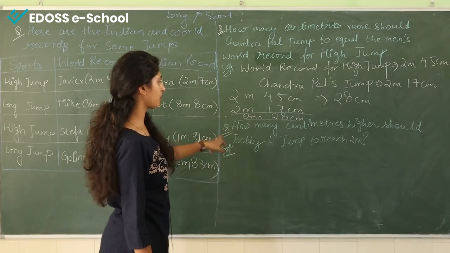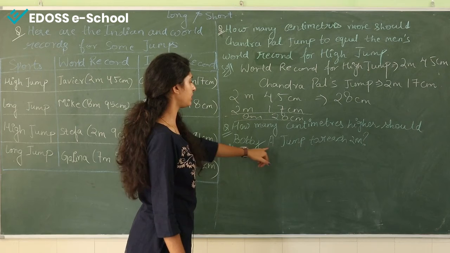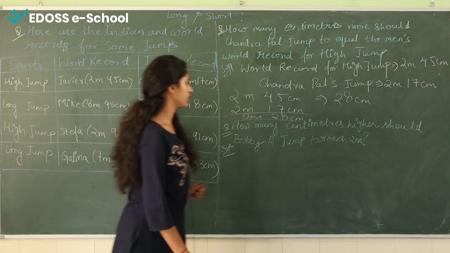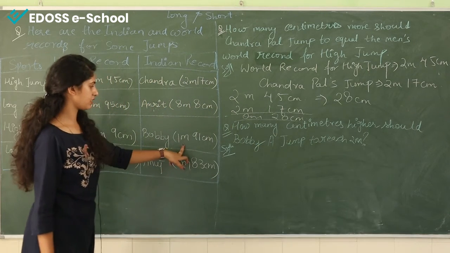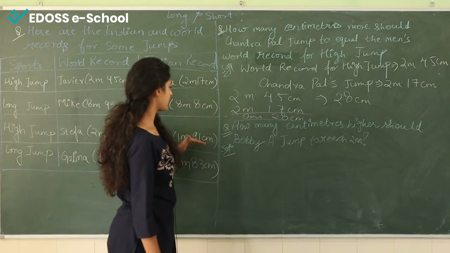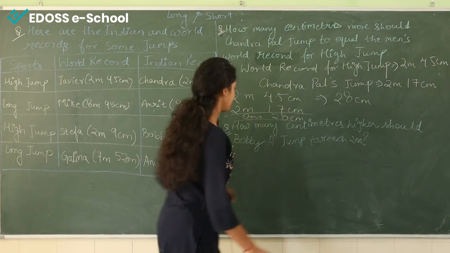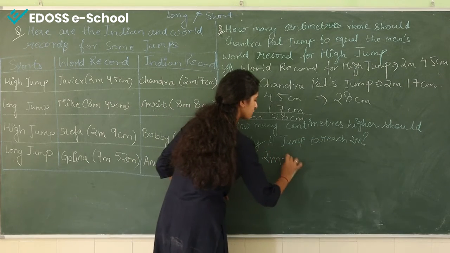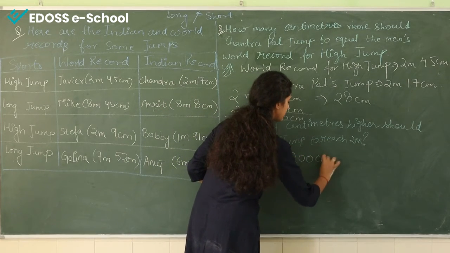Next question is, how many centimeters higher should Bobby A jump to reach 2 meter? So we have to check. Bobby A's jump is 1 meter 91 centimeters, and the question is how many centimeters less it is than 2 meters. As you know, 2 meters is equal to 200 centimeters.